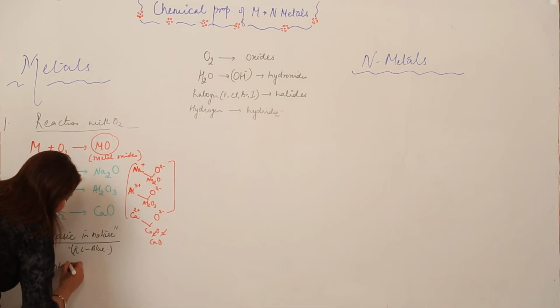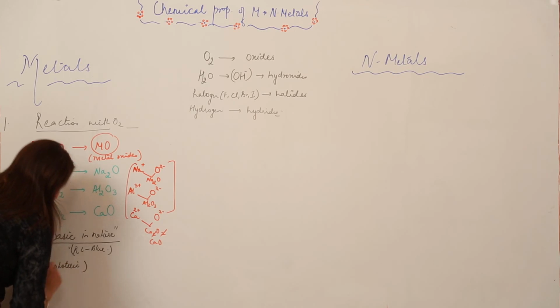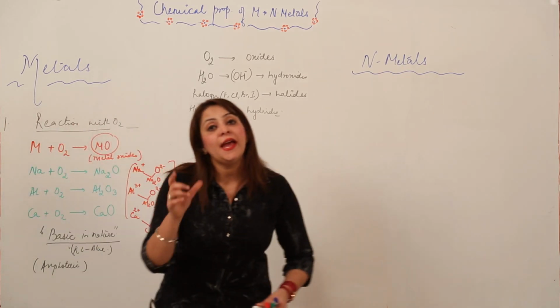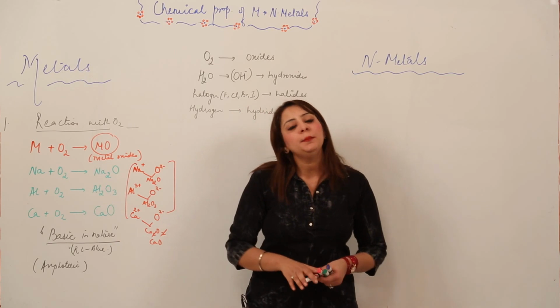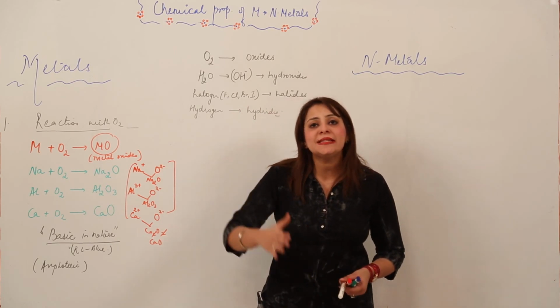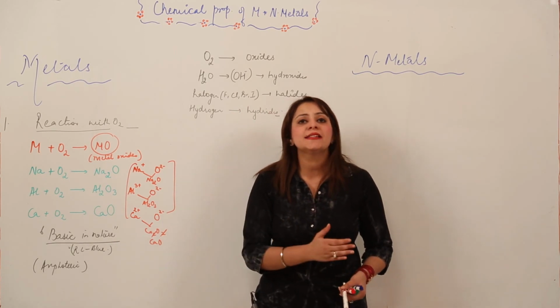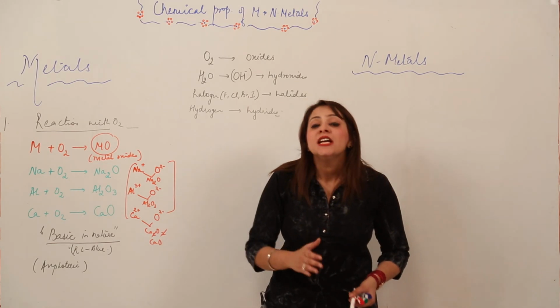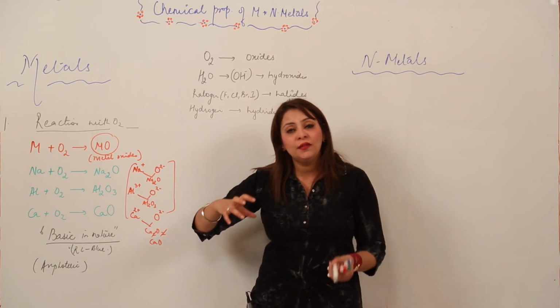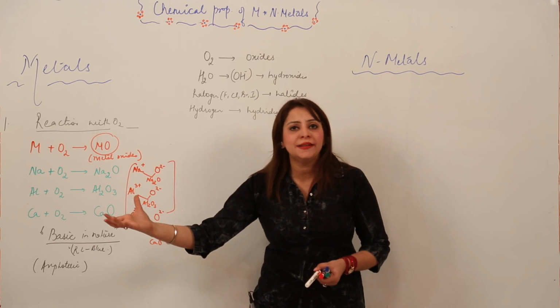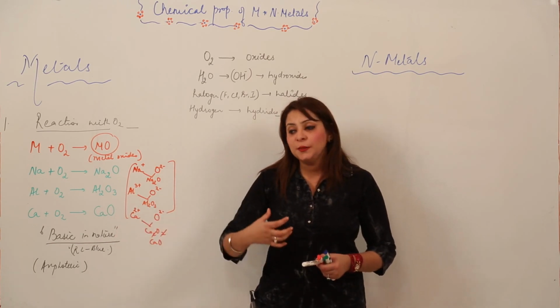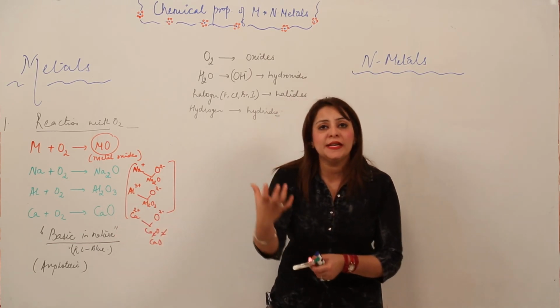They are amphoteric in nature. Right. What do I mean by amphoteric? Amphoteric means a substance which possesses the acidic character as well as the basic character, right? If a substance is behaving as an acid, you say it is acidic in nature. If the substance is behaving as a base, you say it is basic in nature.